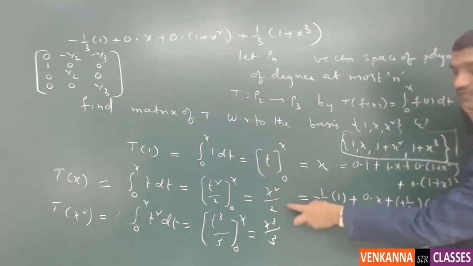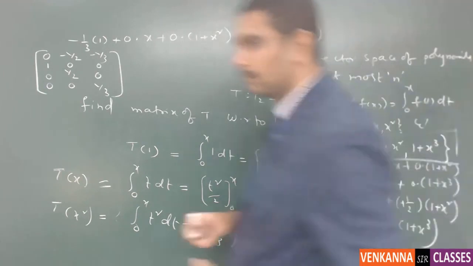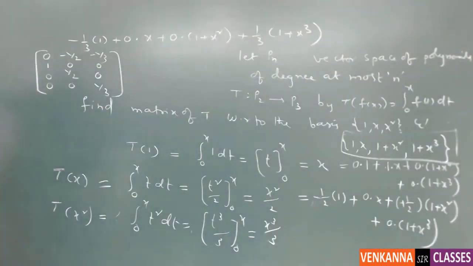But I require only x square by 2. 1 by 2 should not be there. That's why I have used 1 also. So minus 1 by 2 into 1 and 1 by 2 into 1 plus x square. In that way I have written. Clear? So the output image should be written as a linear combination of the codomain basis values. Whatever the basis which is given, I should write like that. So any doubts for anyone over this method? Or is that clear?